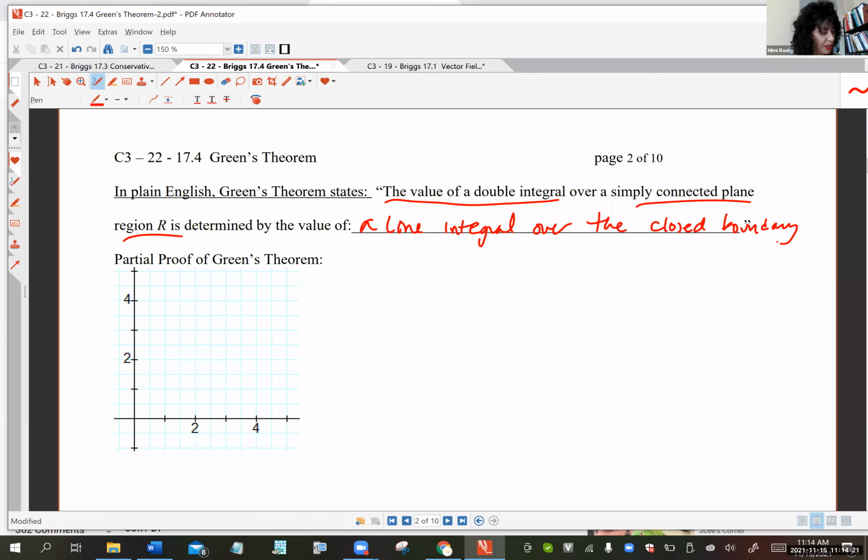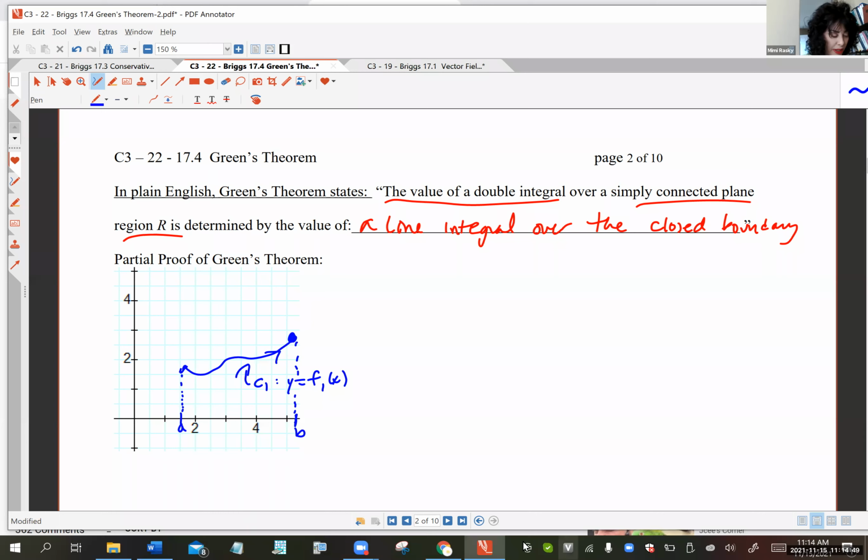Yeah. So the partial proof is going to look like this. I've got to draw a diagram. Let's say you had some really weird region here. We'll call this curve C1, and it's given by, say, y equals f1 of x. And then this will be A, this will be B, and then it has to be closed.